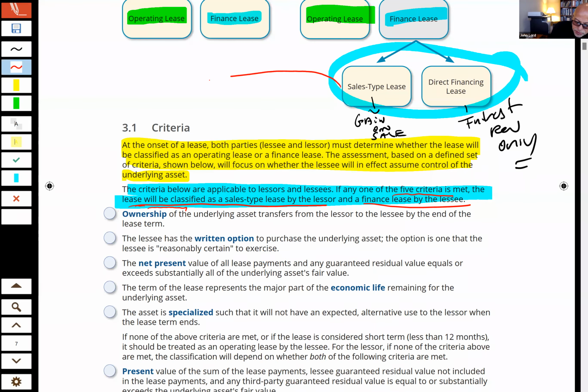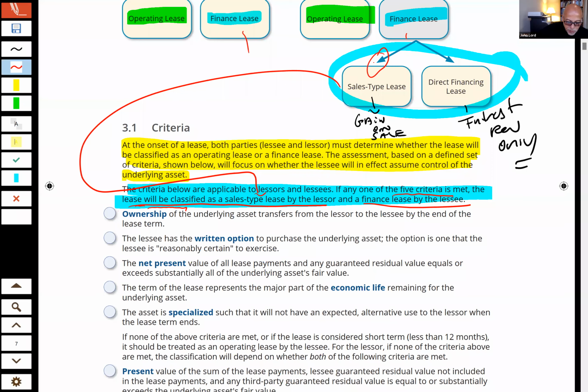Now we're going to see that the lessor is going to have the chance to treat this as a direct financing lease in a second, what criteria is for that. But for the lessee, it's a finance lease if we meet any one of these criteria. For the lessor, it'll be a finance lease. What type of finance lease? A sales type lease if they meet any one of these criteria here. And then we'll see what happens for the direct financing lease on the next page.